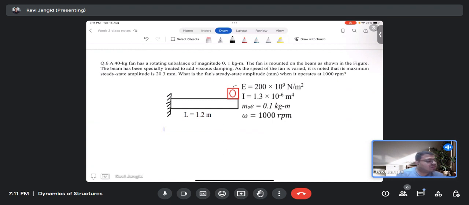The fan is mounted on the beam as shown in the figure. The beam has been specially treated to add viscous damping. As the speed of the fan is varied, it is noted that the maximum steady state amplitude is 20.3 mm. What is the steady state amplitude when it operates at 1000 rpm?